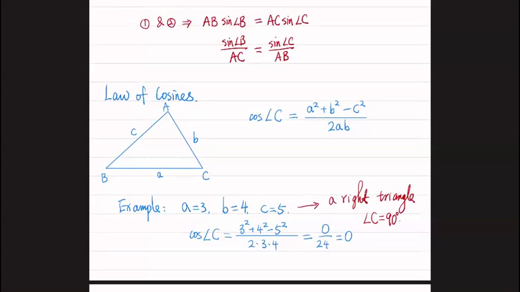Law of cosines can tell us whether this data gives us a general triangle or a right triangle. If we get zero, it must be a right triangle.